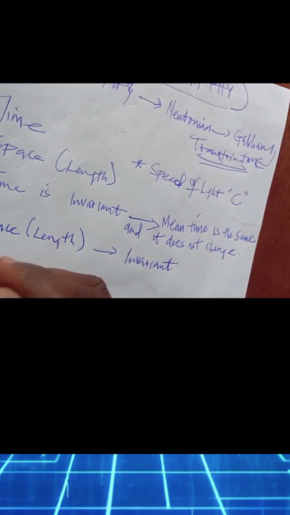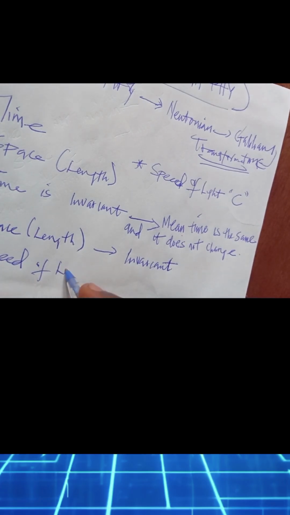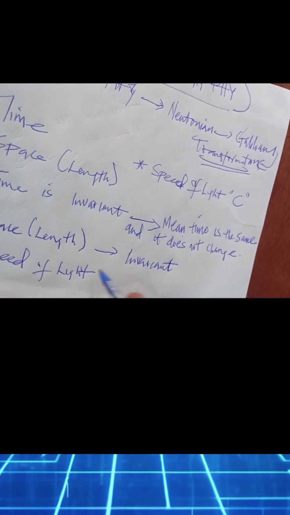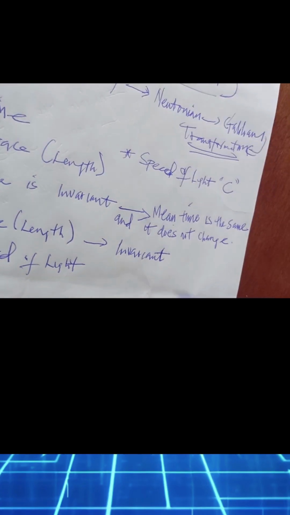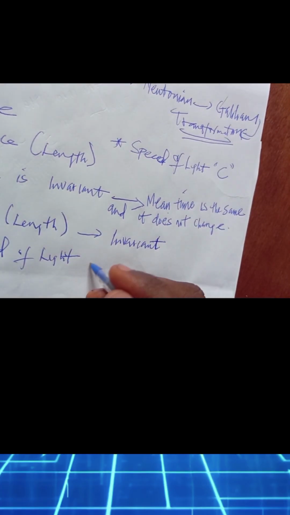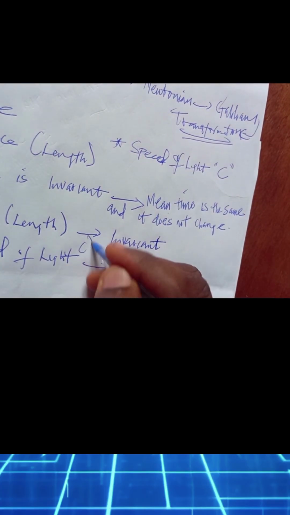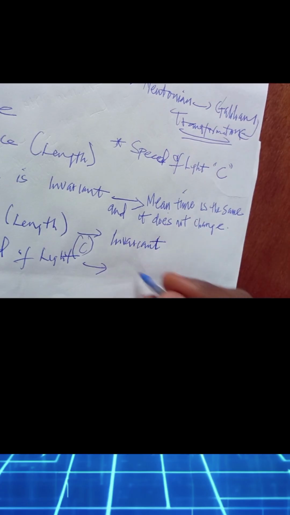Then for speed of light, please pay attention. This will be a question that you face in your test and your exam. Speed of light, which is c, is not constant.